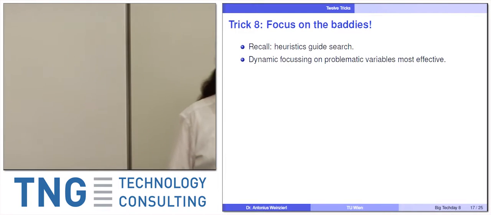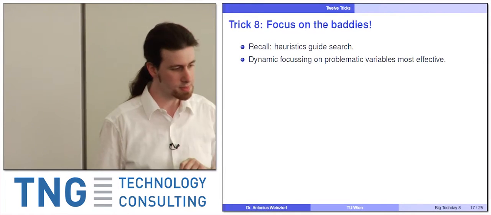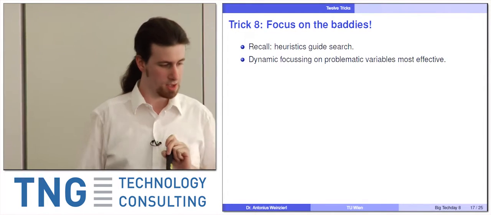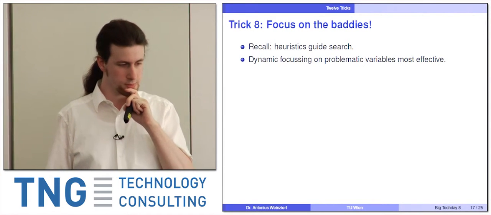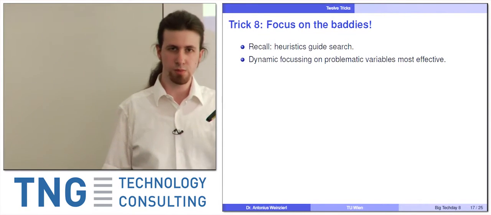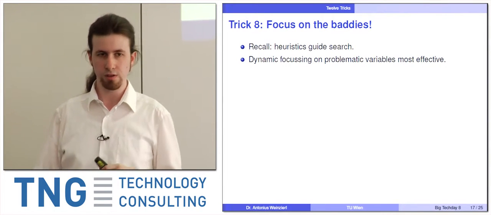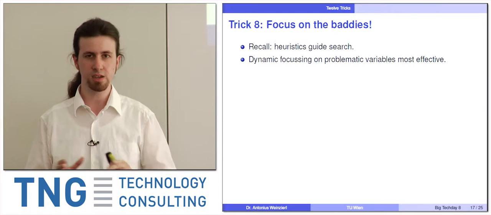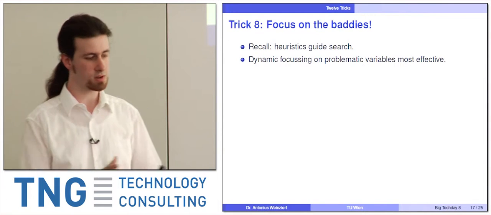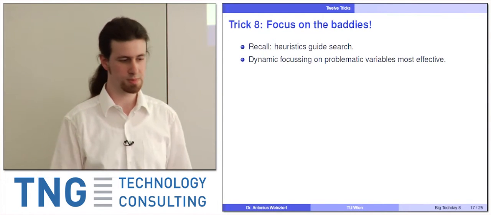Okay, so remember the heuristics that guide our search. It turned out that heuristics are most effective if they are not static, but if they dynamically focus on problematic variables.